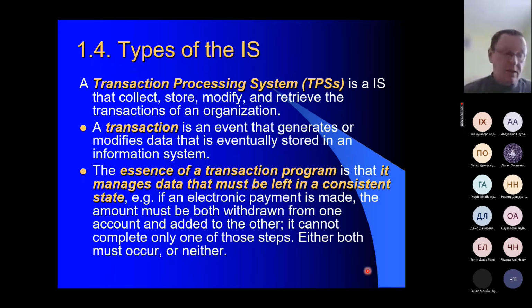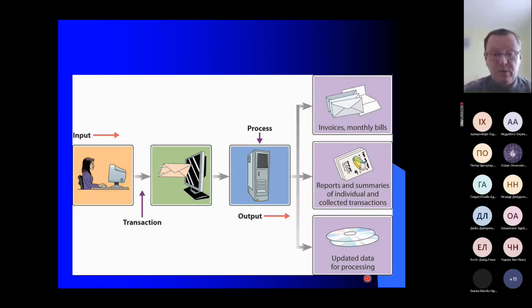So either we have a successful withdrawal from the source account and upload into the recipient account, or if any step fails, everything has to be reverted to the original state. The same way, if you want to, for example, update patient data within electronic medical records, either we succeed in inputting and storing it, or if something fails, we must revert to the previous value.